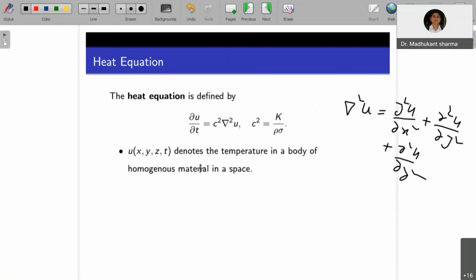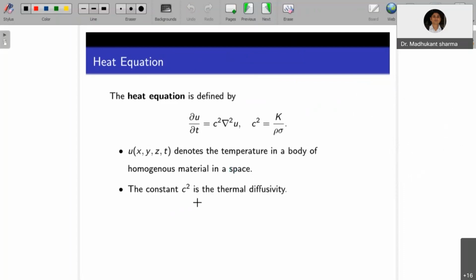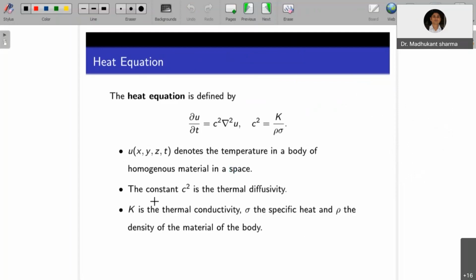The constant c square is the thermal diffusivity. K is called the thermal conductivity, sigma the specific heat, and rho the density of the material of the body. So these are separate physical constants which have some meaning attached to real life problems.